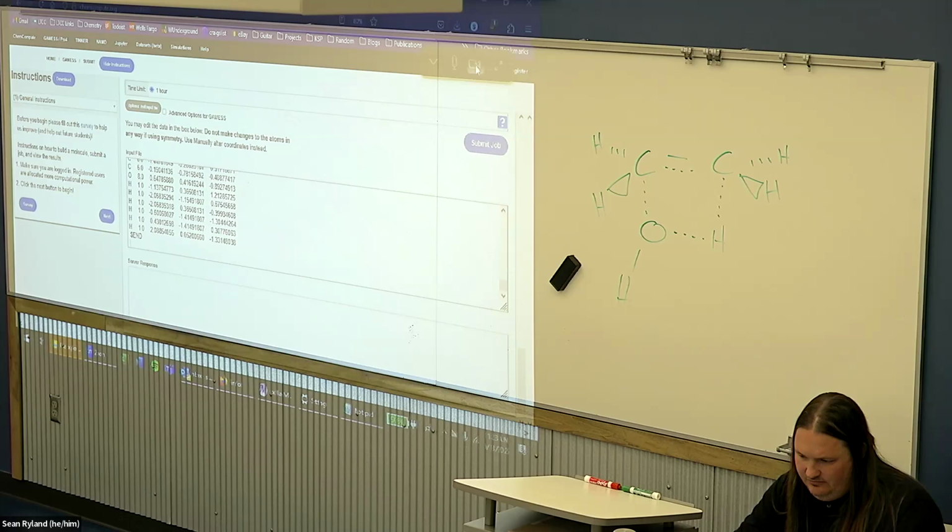So this is kind of what I did initially: I just started from ethene, and then I added a water molecule and oriented it so that the lone pair from the oxygen was pointed in the same general direction as one of the carbons.